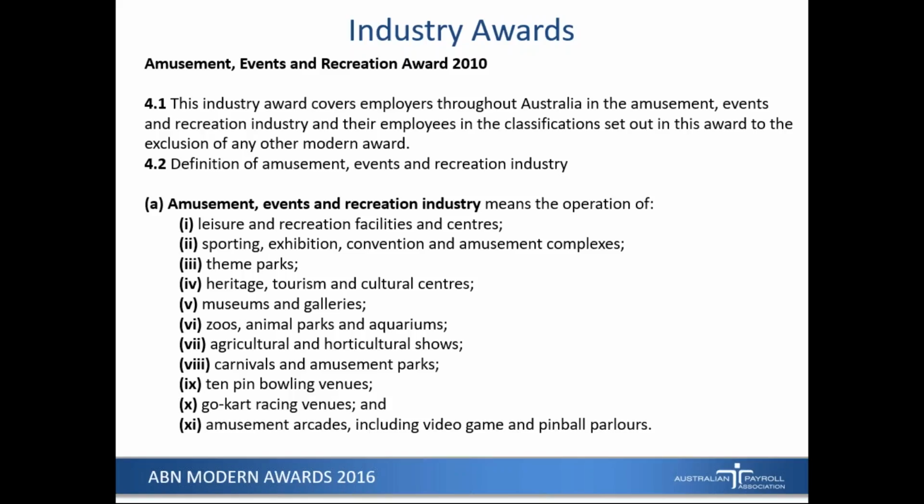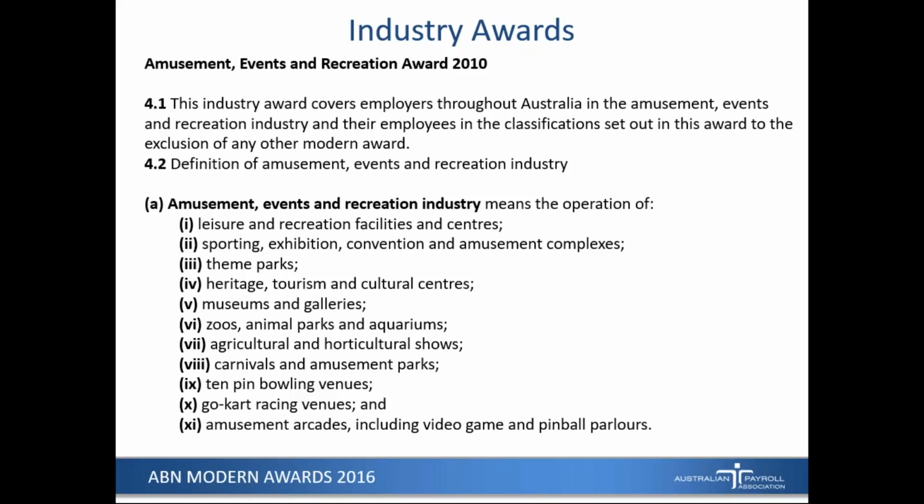I'm sure you can all read zoos, agricultural and horticultural shows, carnivals, amusement parks, 10-pin bowling. Pretty much your standard amusement, event and recreation facilities. So your theme parks, everything like that.